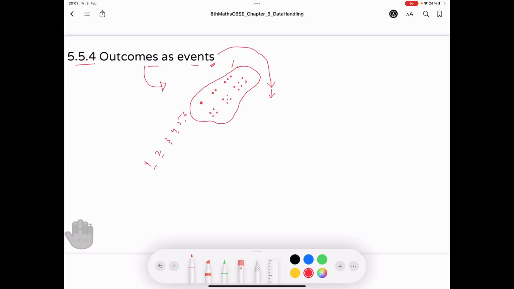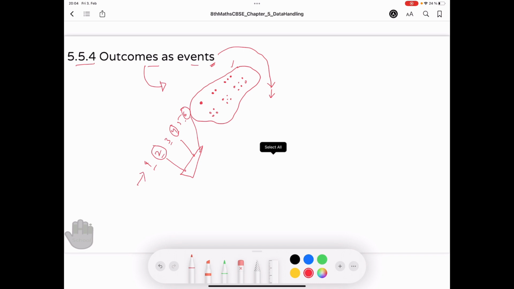But the possibilities of 2, 4, and 6 are even numbers, so we are grouping these outcomes together. What is the commonality among 2, 4, and 6? These are even numbers.